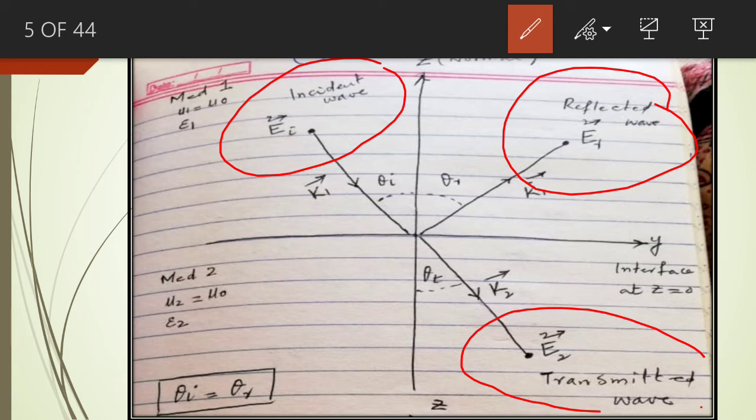So we consider medium number 1, and there are two waves in medium number 1, the incident wave and the reflected wave. We are going to consider the electric field intensity of the incident wave and the electric field intensity of the reflected wave, and we will consider the electric field intensity of the transmitted wave in the second medium.